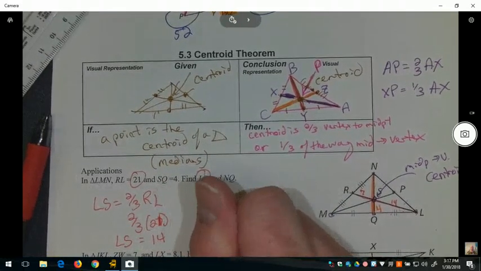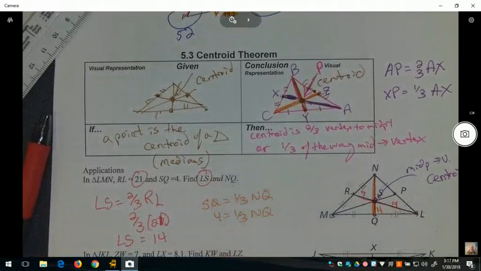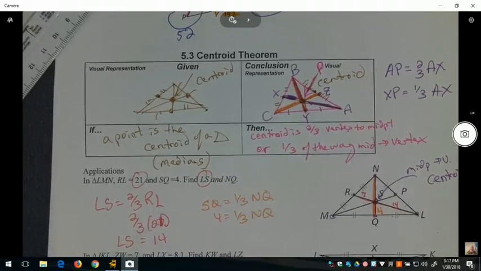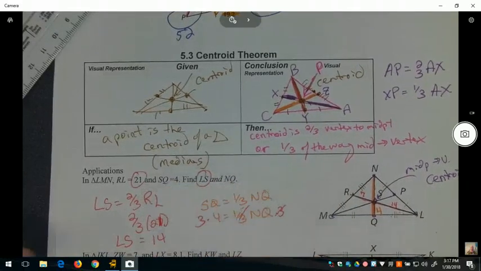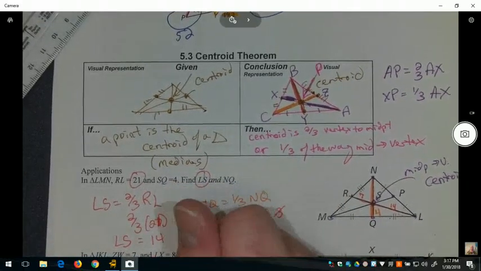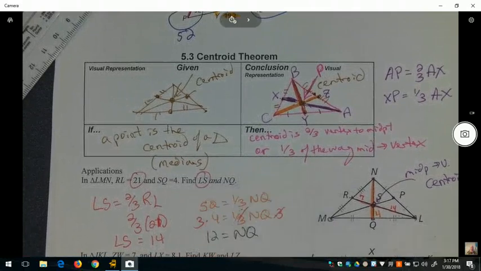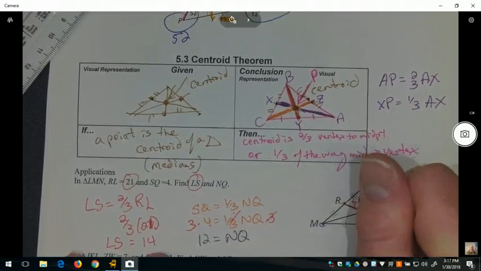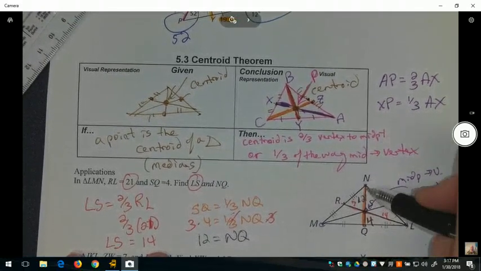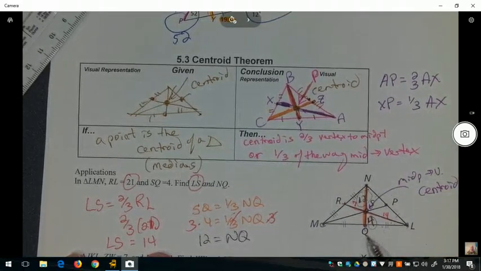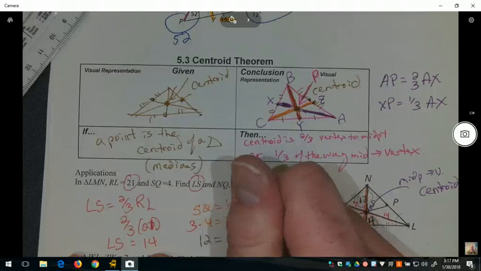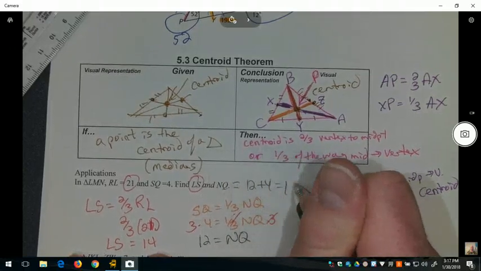Well, we know SQ is 4, so if I take that 1/3 piece and multiply by 3, I get 12 is the length of NQ. So now I know this piece is 12, this piece is 4. Together, the whole thing is 12 plus 4, or 16.